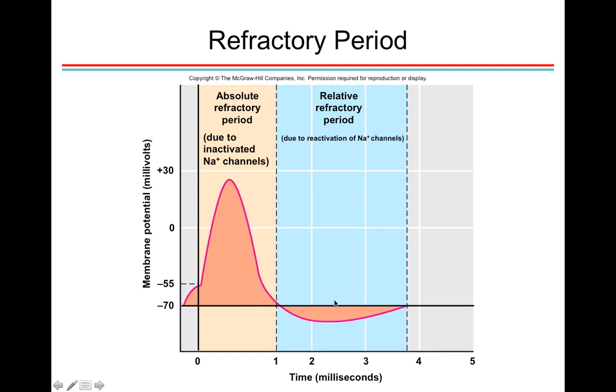That does not hit the threshold. So the relative refractory period is a period where those sodium channels may be reactivated, but it's going to be way harder to get the action potential to occur, because the membrane potential is much lower than the resting membrane potential of -70.